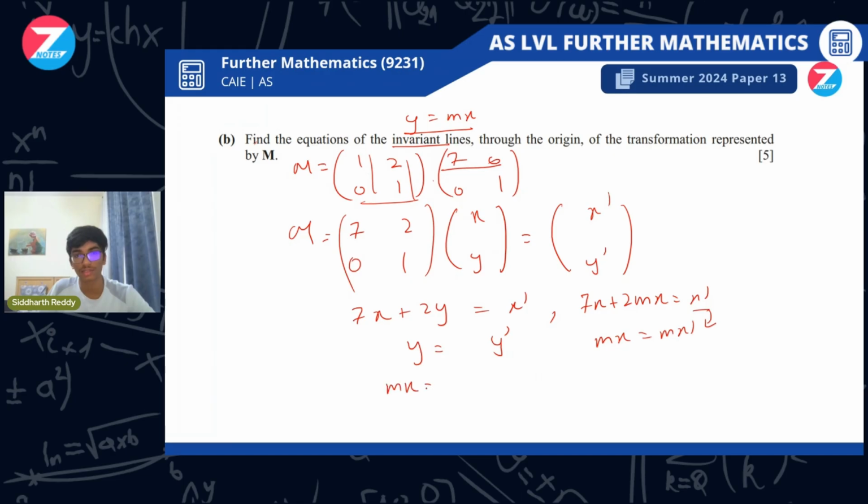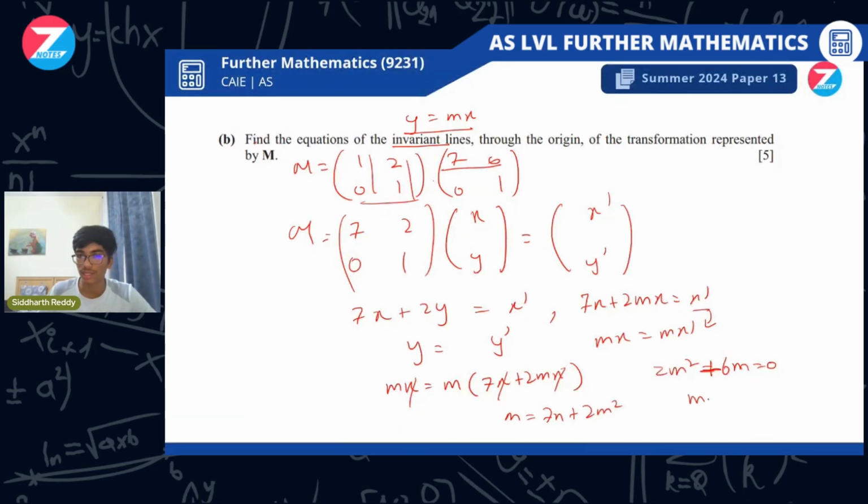So mx is equal to m times (7x plus 2mx). Cancelling out all the x's, we have m equals 7m plus 2m squared. So 2m squared plus 6m equals 0.